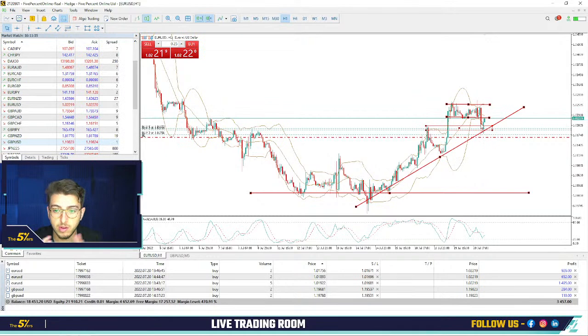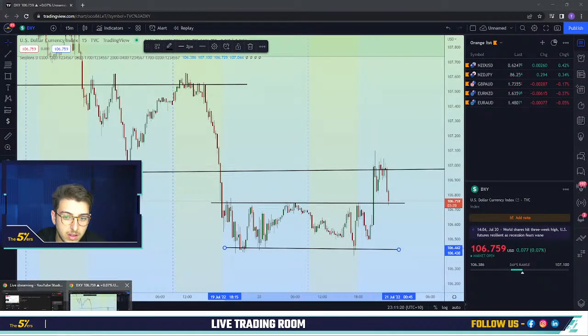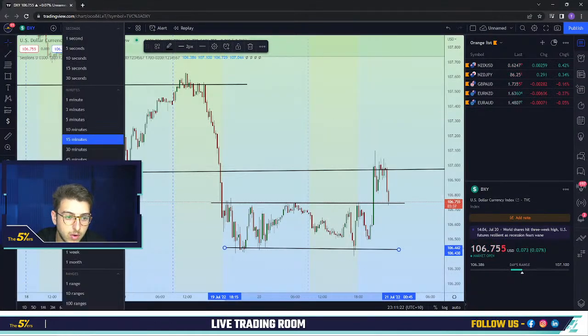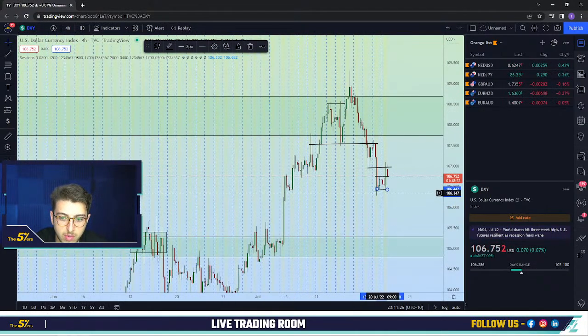I hope this will hold, and if it holds for today, we're going to have a breakout above that area. So this is what I'm looking for, and also this area is exactly the same that we see on the dollar index on the H4 chart, which is this demand just here.